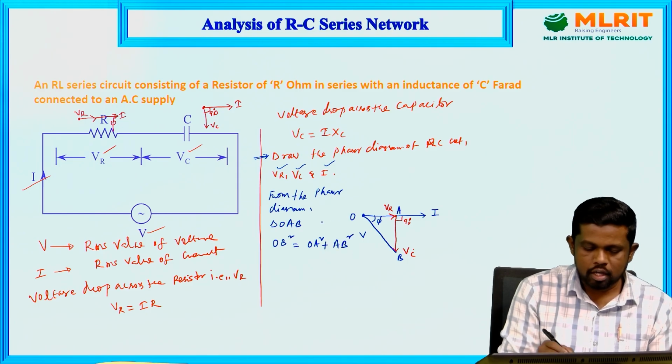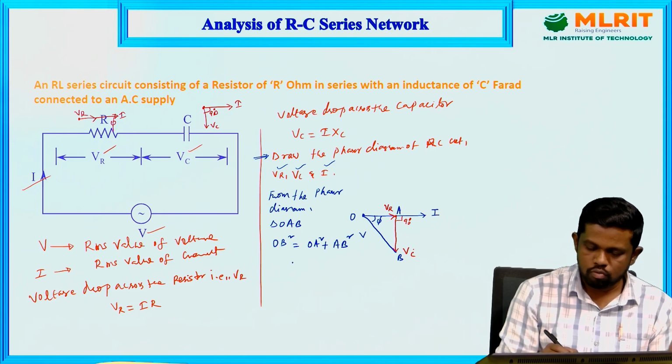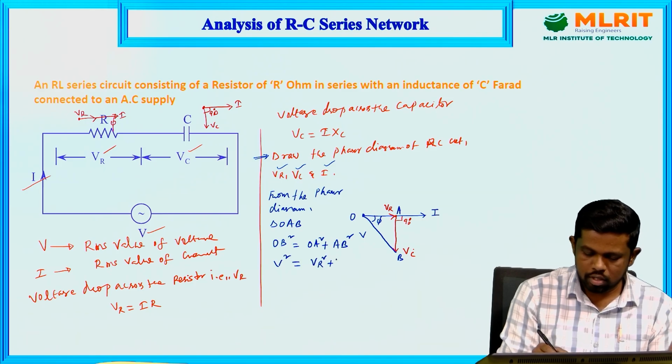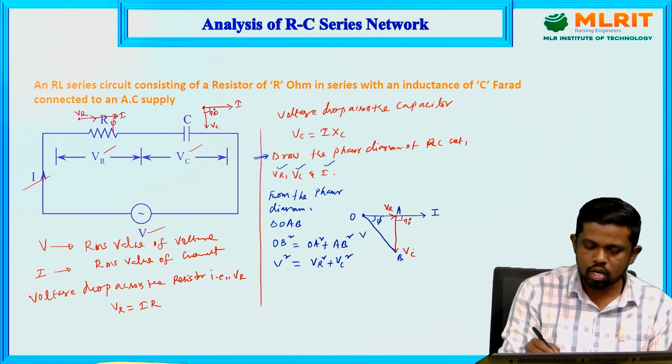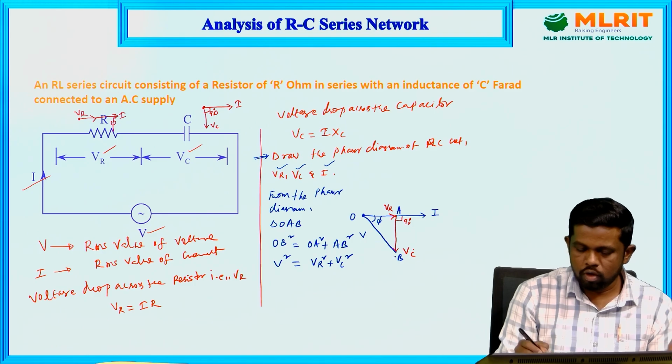So OB is V, OA is VR, and AB is VC. So V square equals VR square plus VC square.